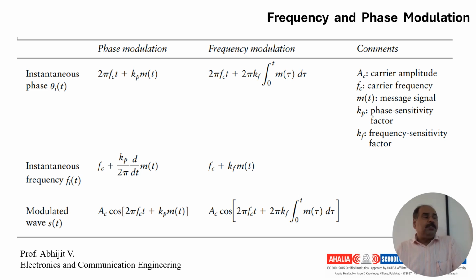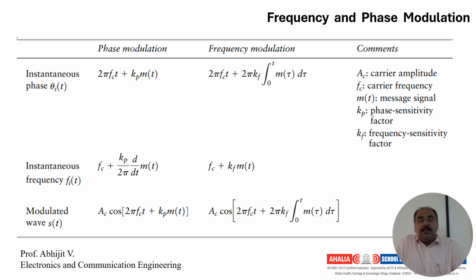In phase modulation, instantaneous phase is given by 2 pi fct plus kp m of t. In frequency modulation, the instantaneous phase is given by 2 pi fct plus 2 pi kf integral 0 to t m tau d tau.